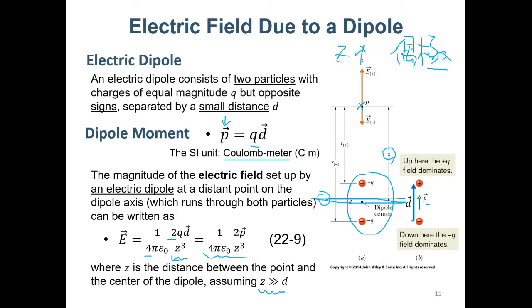But sometimes keeping it like this is better for you, because in an exam, when you plug in the values, you plug in 8.99 times 10 to the 9. If you cancel, you may forget the factor of 2. But here you will still remember it: I can see this term 1 over 4 pi epsilon naught, which is 8.99 times 10 to the 9, and then you will still remember there's a 2 here. There's some chance that you can escape this kind of mistake.